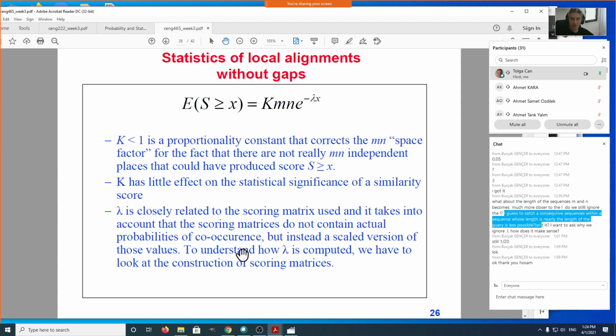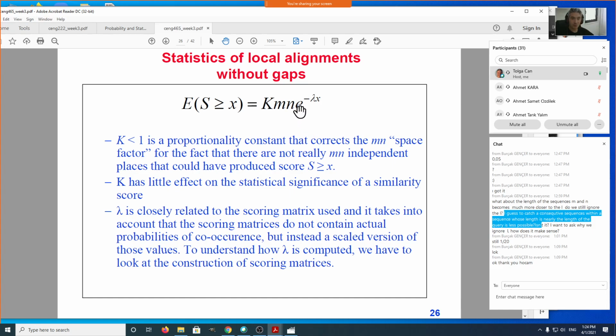Okay, so here we are going to talk about where this lambda comes from. In the actual scoring matrices, BLOSUM62 or PAM250, the integers that we have here are not likelihood ratios actually.